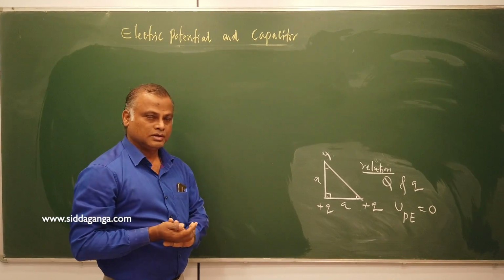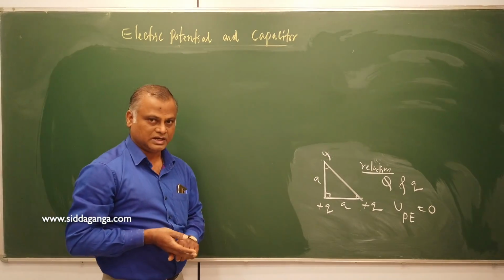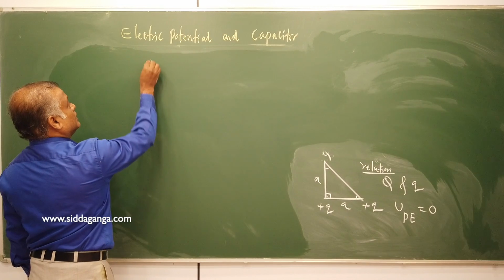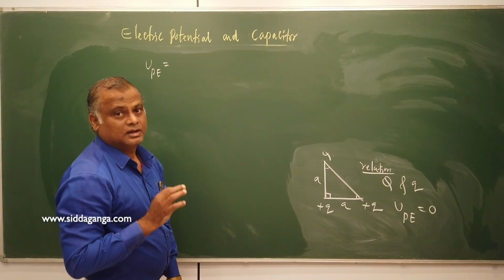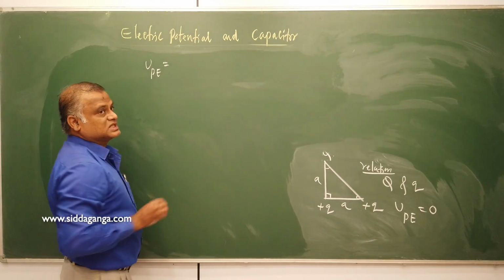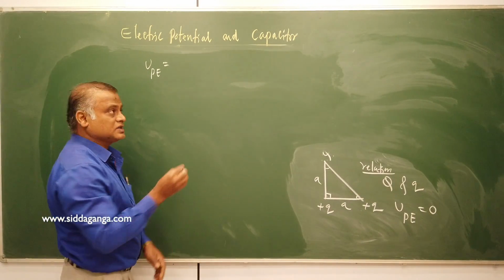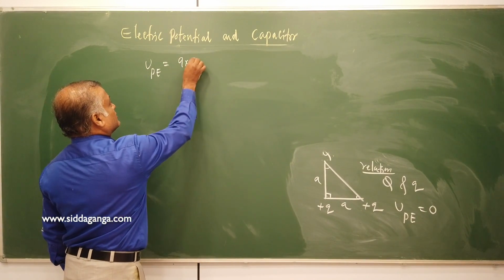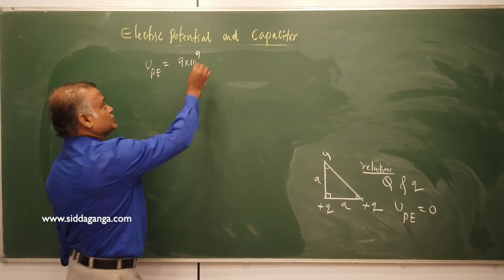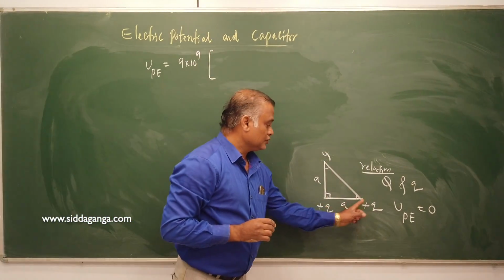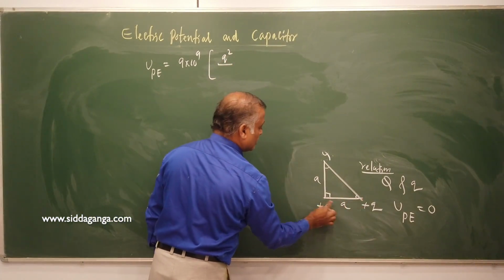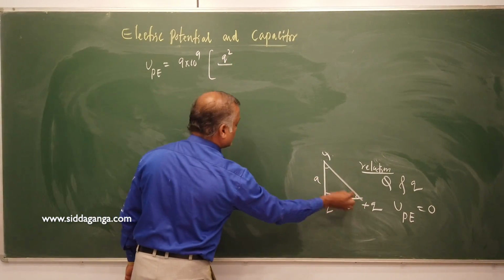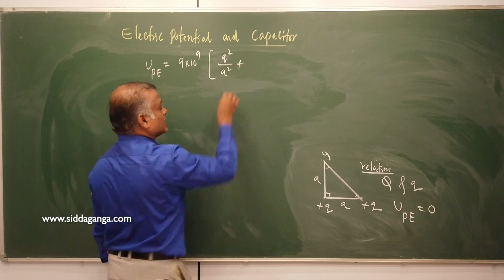Now, again the concept is, have you tried it? I write for your easiness. So for a system of 3 point charges, let me do it in a fast way. 9 into 10 to the power of 9 common into Q1, Q2, q square divided by A square, taking cyclic order.